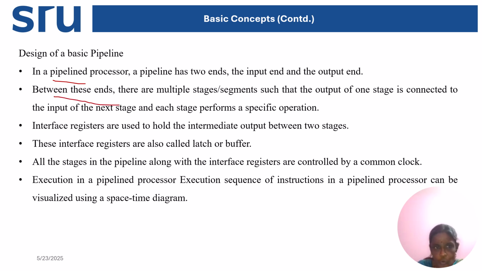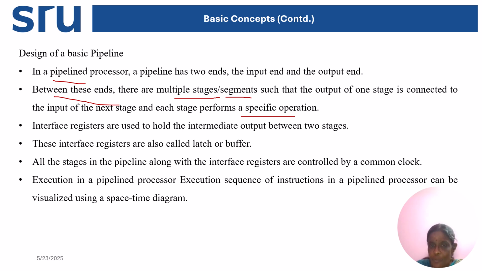In between these two extreme ends, there are multiple stages, known as segments, such that the output of one stage is connected to the input of the next stage, and each stage performs a specific operation.